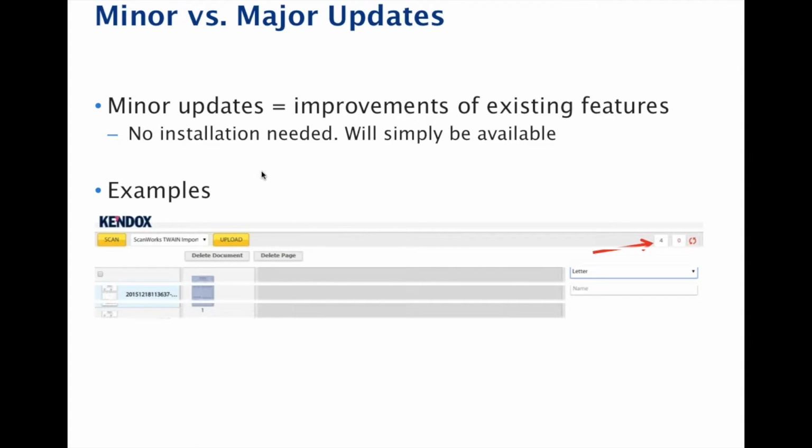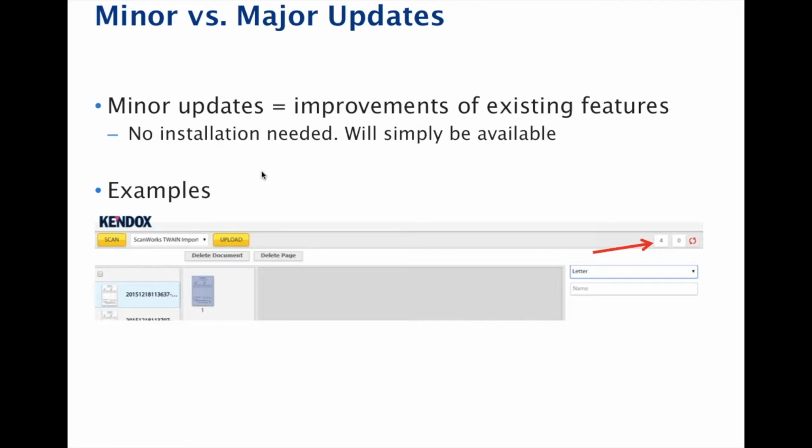Some examples of minor updates that we've done in the past weeks and months. In Scanner Process Lite, for instance, you now find two counters indicating the number of successful uploads in a session, as well as the number of failed uploads. Give you another example.